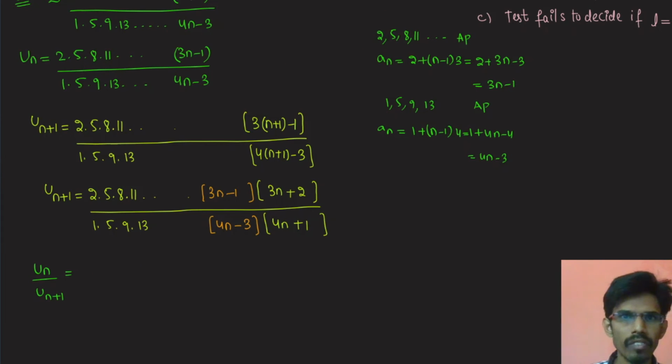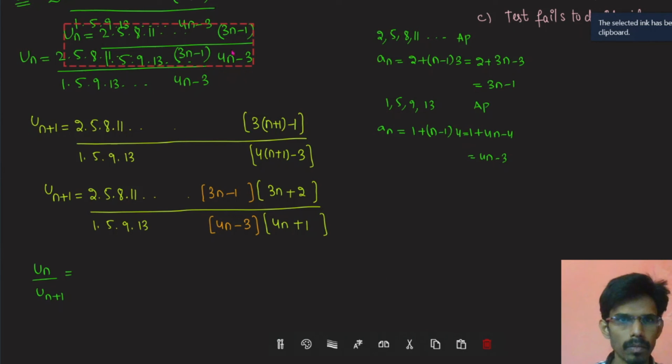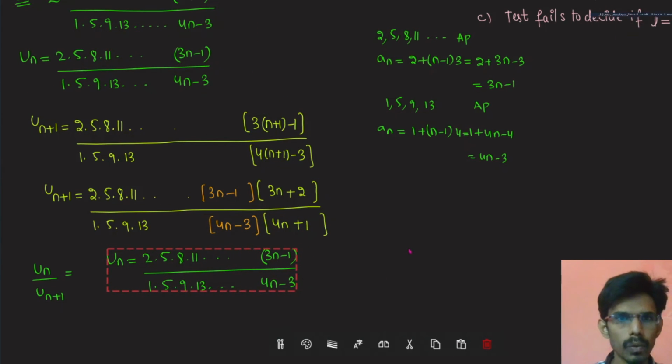Here we have this un value. Now let me copy this. We got this un value. Next we want this un plus 1 value.